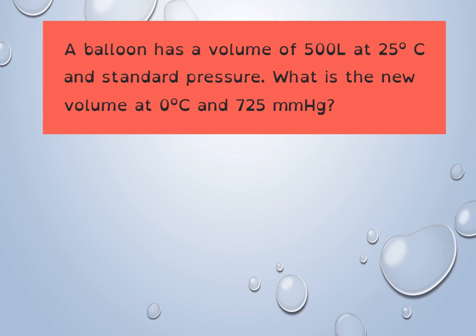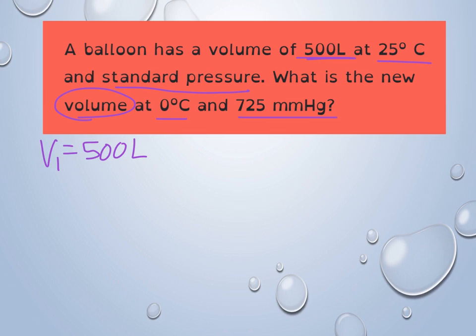All right, so here's a sample problem. A balloon has a volume of 500 liters at 25 Celsius and standard pressure. What is the new volume? We're going to look for the new volume at 0 Celsius and 725 millimeters of mercury. So we have some information here, and I always identify what they're giving me. Volume 1 is 500 liters.